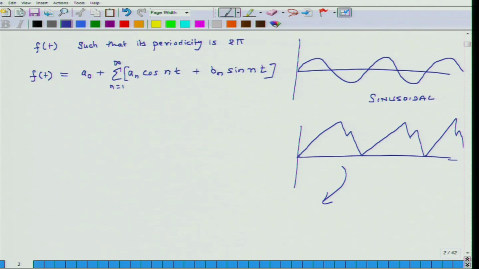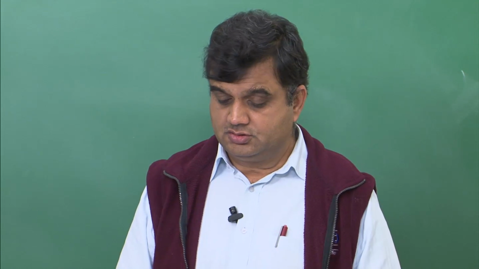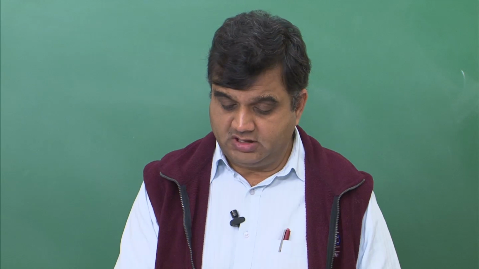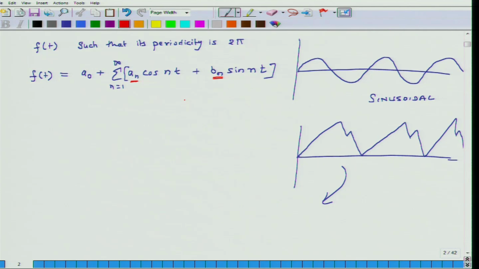So what you have here is a cosine function, and there are an infinite number of cosine functions, and each cosine function has a coefficient a n. Similarly, each sine function has a coefficient b n, and n can change from 1 to 2 to 3, and it can go until infinity. So this is the form in which I want to bring my f of t.